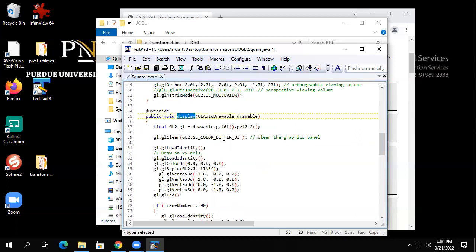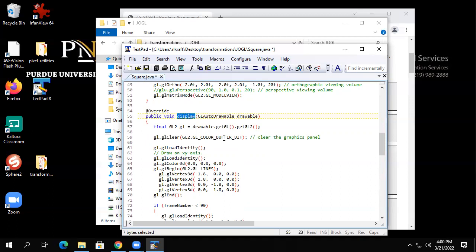Every time it's called, it's going to clear the screen, so it'll erase what was drawn the last time. It's going to draw an XY axis on the screen, just to make it easier to see what's going on. Notice I'm getting rid of whatever matrix somebody left in the state, so I start by calling load identity.